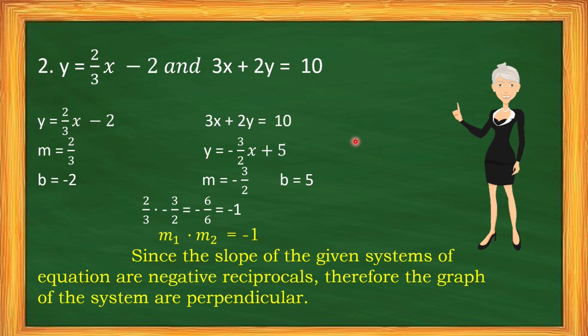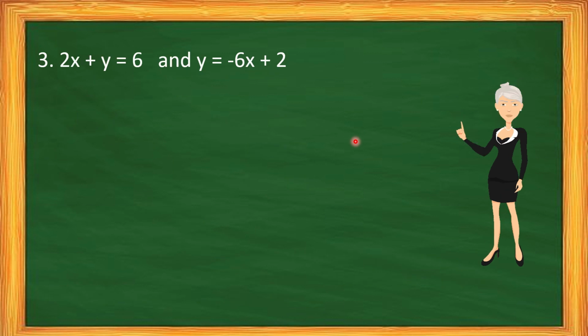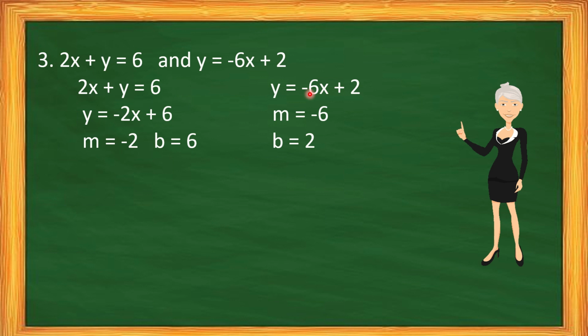Let us solve example number 3. So we have the equations for the system 2x plus y equals 6 and y equals negative 6x plus 2. Again, let us determine the slope and the y-intercept, then analyze. So here, lilipat natin yung 2x. So magiging negative 2x.